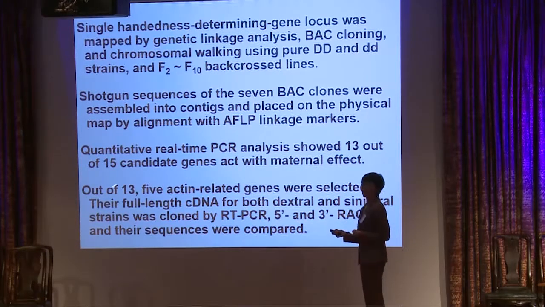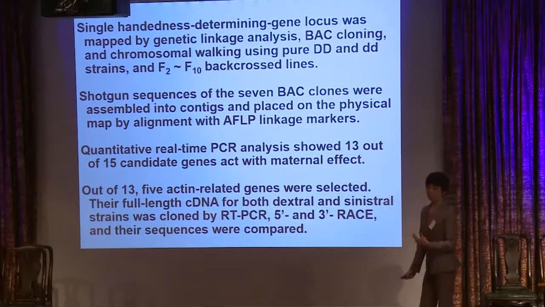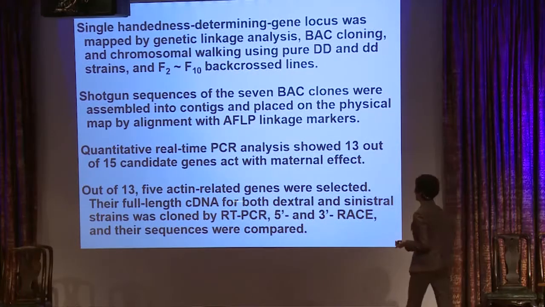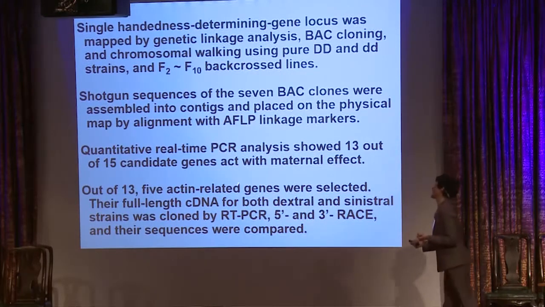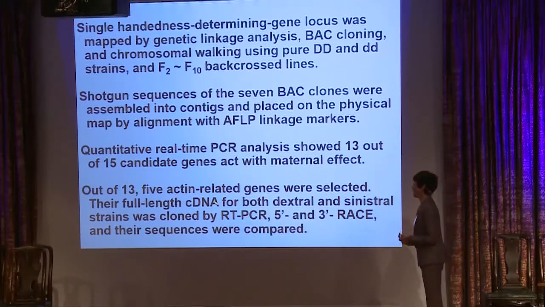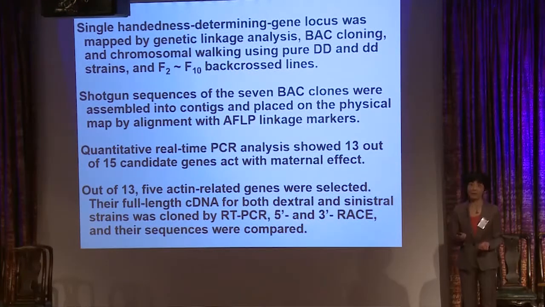Then out of those 13, it has to be something to do with actin, so we picked up 5 actin-related ones. Okay? Then full-length cDNA for both dexter and sinistral strains was cloned by RT-PCR. Then we did 5' and 3' RACE, and the sequences were compared. Oh, this is 15 years of work, all right?